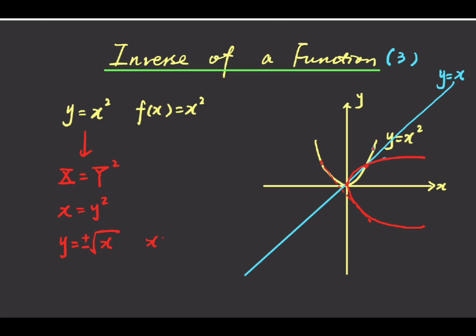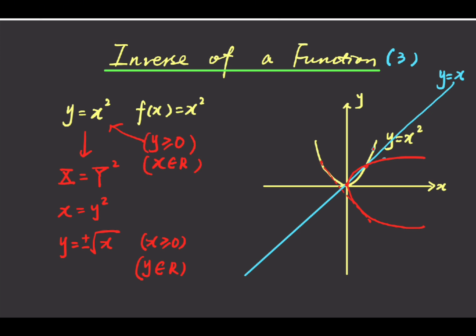Here, x must be greater than or equal to 0. Here, for the original function, y is greater than or equal to 0. X should be real number. Here, for the inverse of the original function, y should be real number.